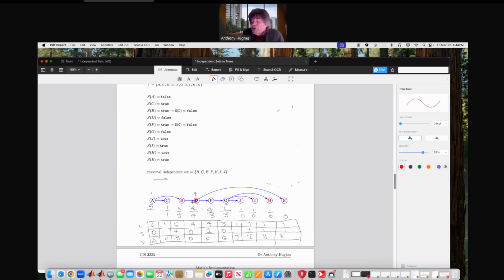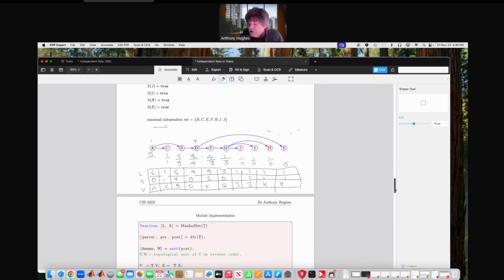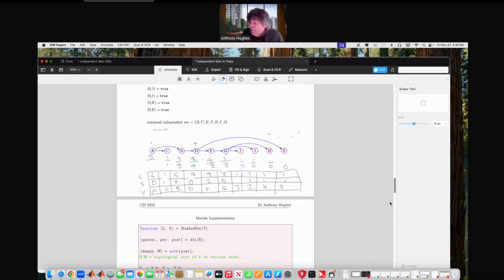If you've got a child that's colored, then you have to remove the coloration. So if a child accidentally gets colored because of a tie, you can get rid of it going left to right, just checking that no child of a colored node is itself colored. And that's how it goes.